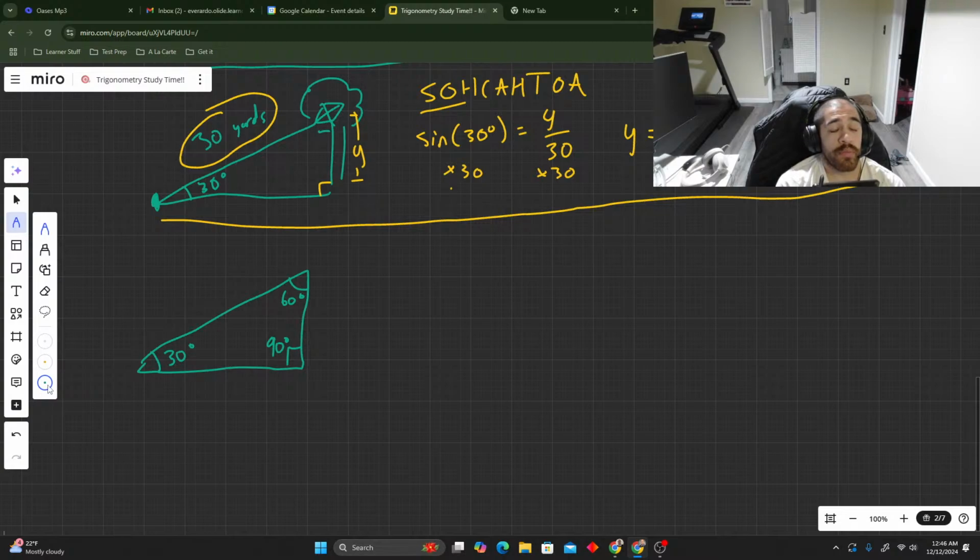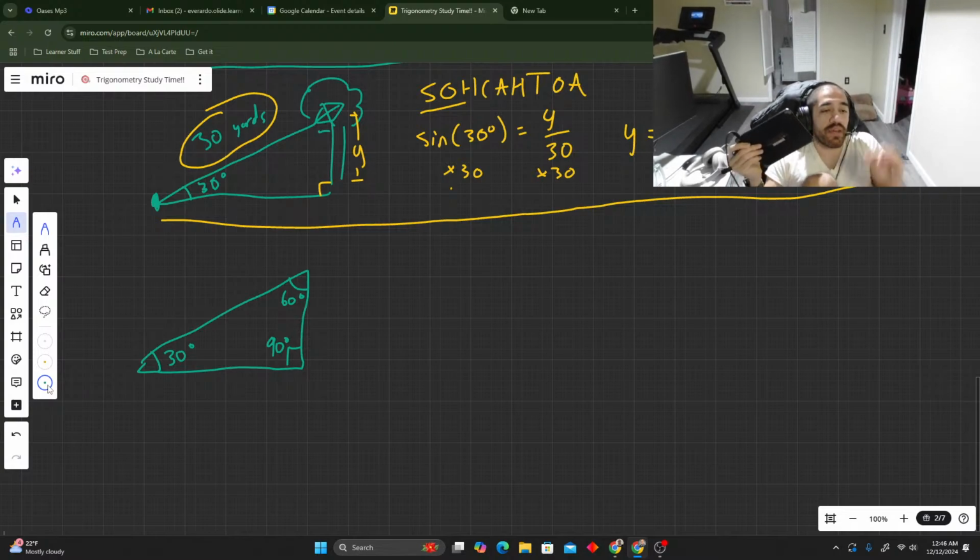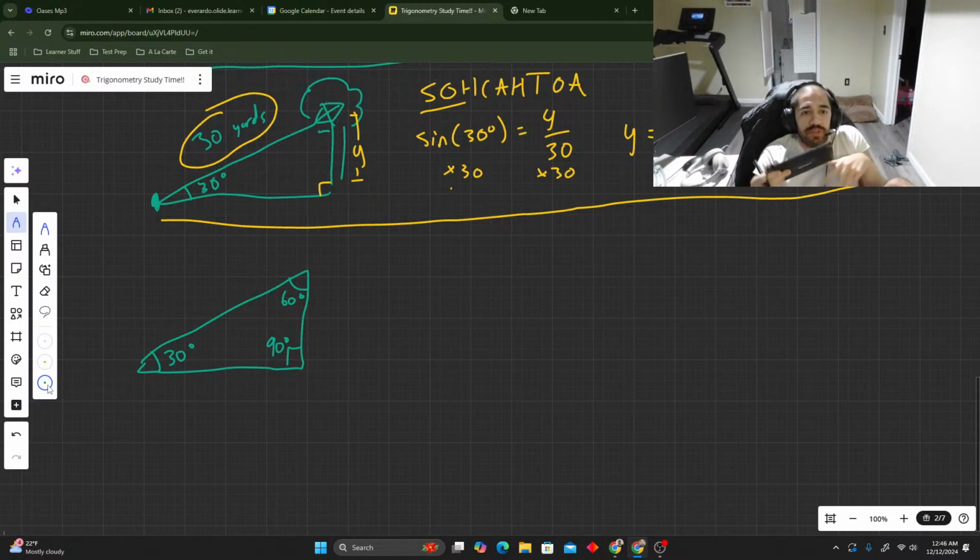So the big part about this is just that it's a simple starting point, a reference point that is going to give you so much information. It's just going to be beautiful, okay? If we assume the hypotenuse is just equal to 1, just to make it nice, I happen to know that the opposite of the 30 degrees is going to be 1/2.